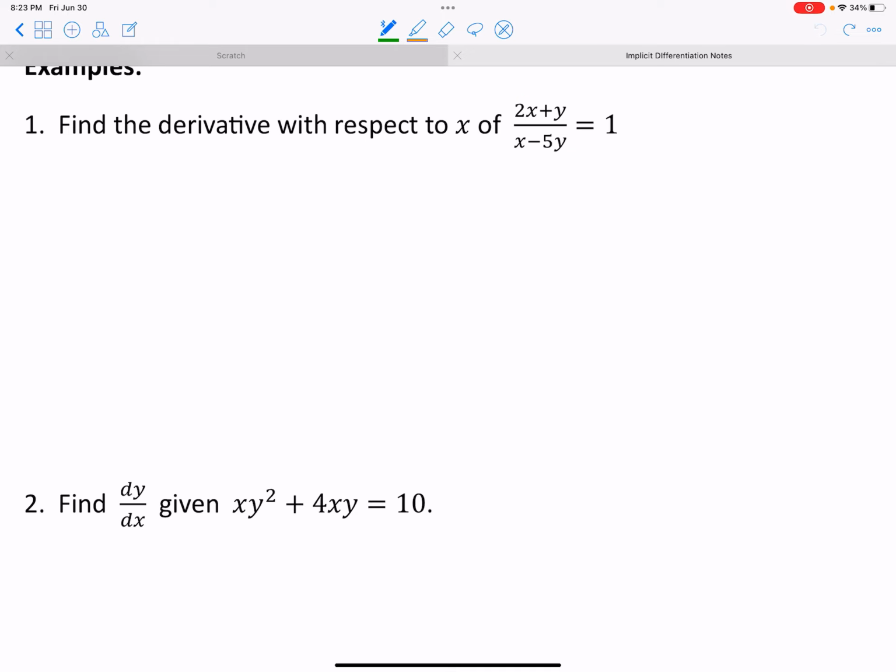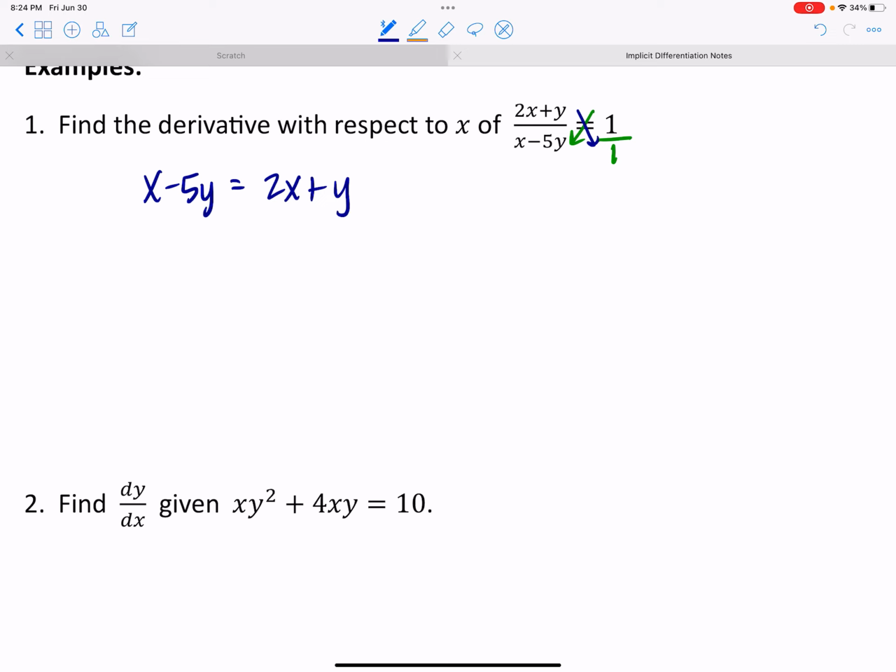But if I just make this side a proportion and cross multiply, then I have x minus 5y as my one cross product, and then 2x plus y as my other cross product. Then I have still an implicit function and much easier to differentiate because it's no longer a quotient.